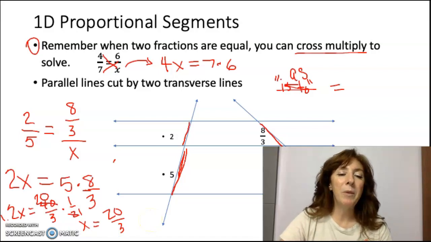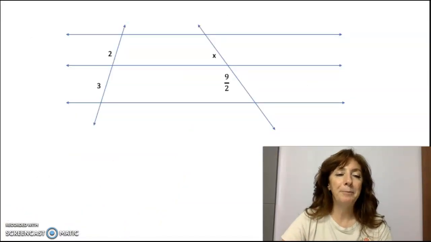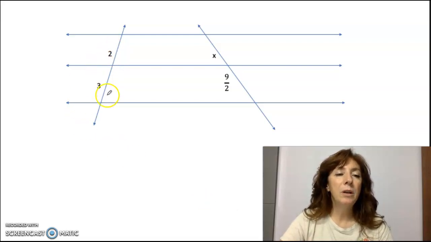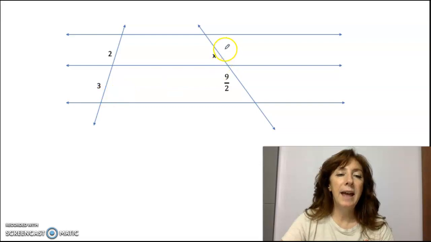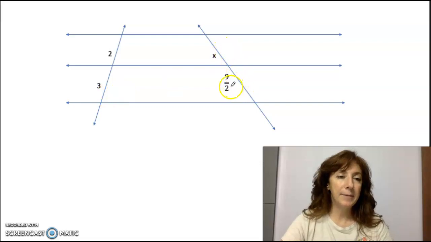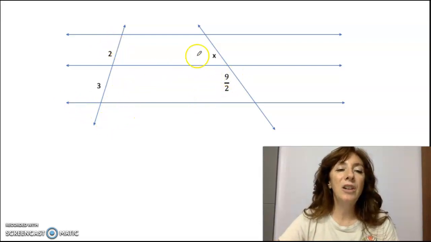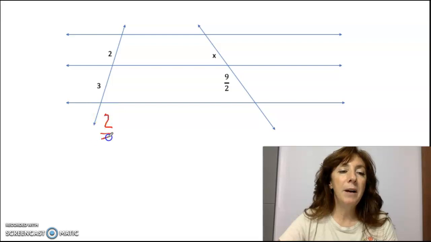Let's do another one where we have more space to work it out. Here we have 2, 3, x, and 9/2. So we're going to set up our equation so that it looks just like the diagram. Top is to bottom as top is to bottom.